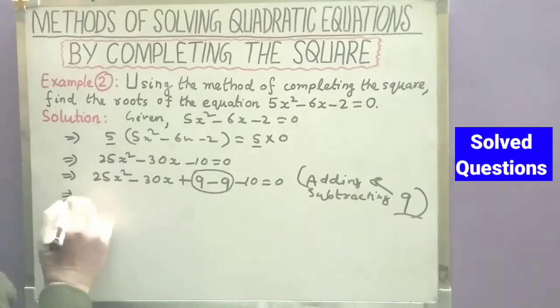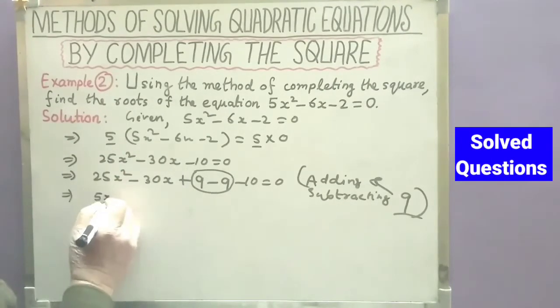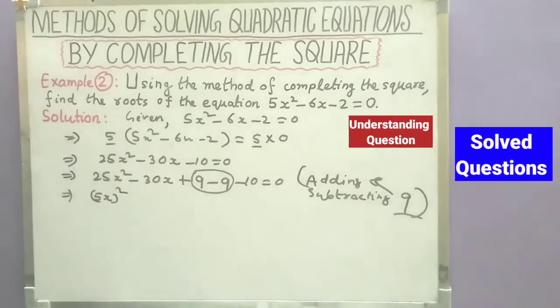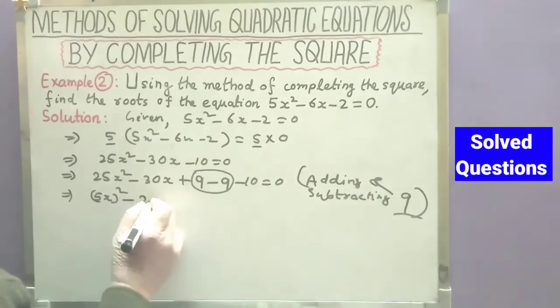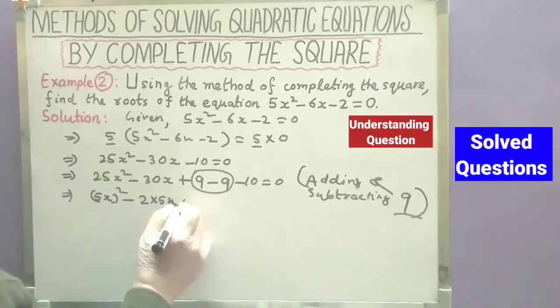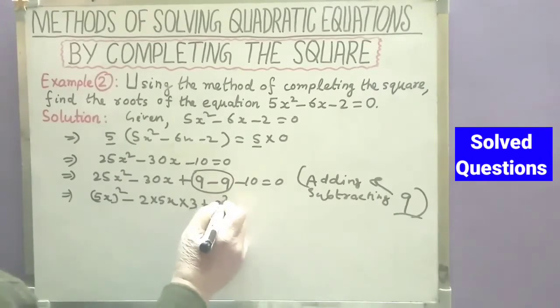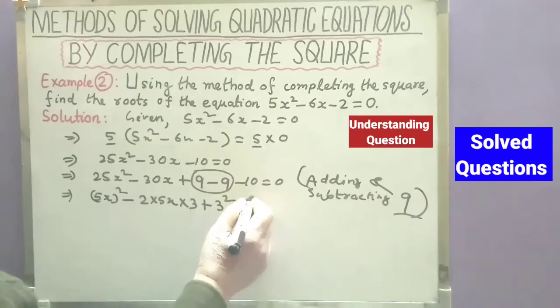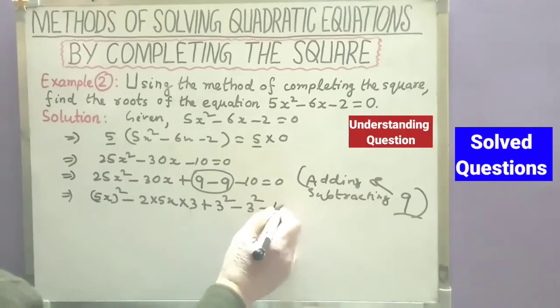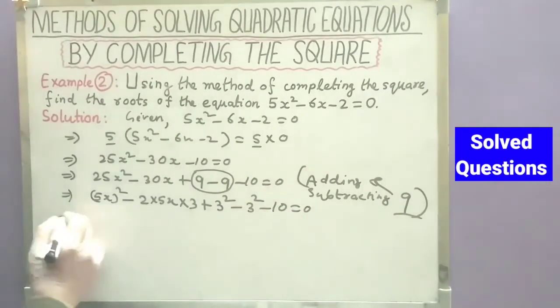On simplifying further, we get whole square of 5x minus 2 into 5x into 3 plus 3 square minus 3 square minus 10 equal to 0.